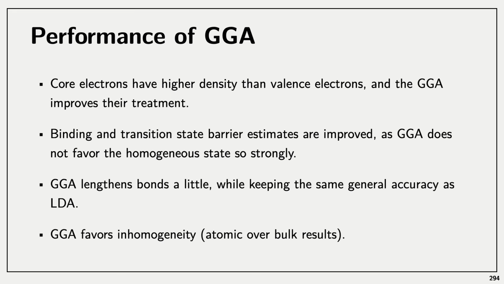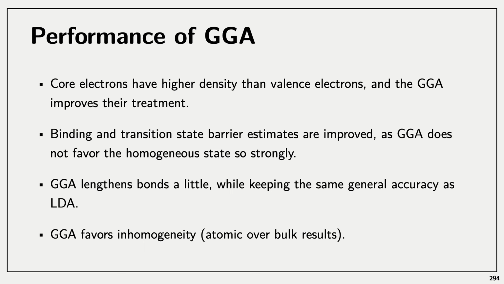As I already mentioned, GGA lengthens the bond a little, but is very accurate. And GGA favors inhomogeneity. That's why it improves a little bit what we see, for example, in atoms and molecules, and again, why it has been more adopted by chemists compared to LDA.